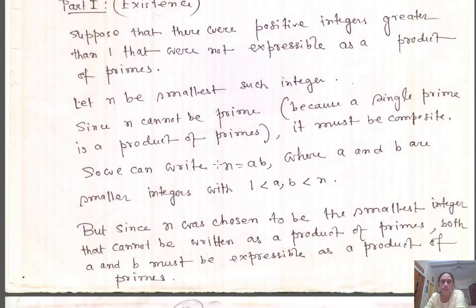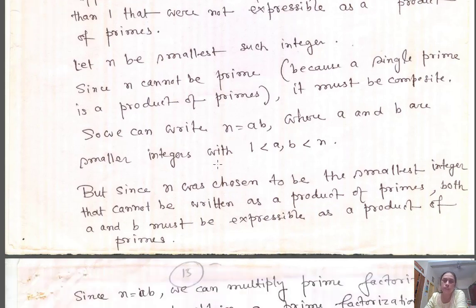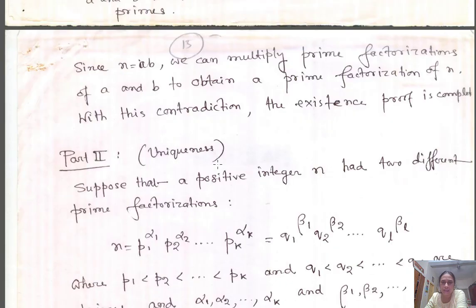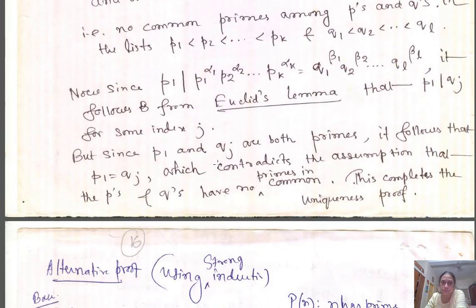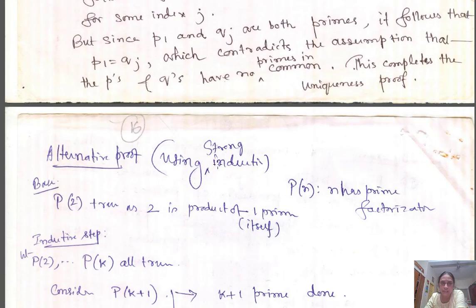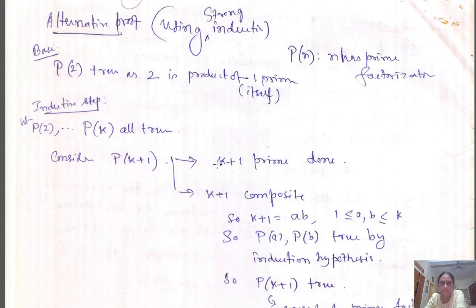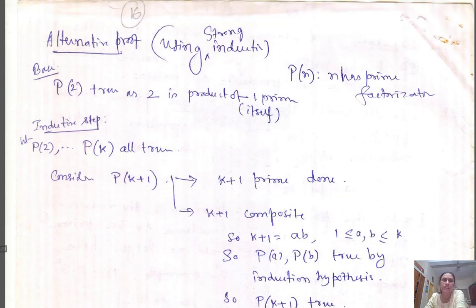This can also be proved using induction, and several other ways, including strong induction. You can just go through the proof. I will not discuss this; anyway, I will skip this part.